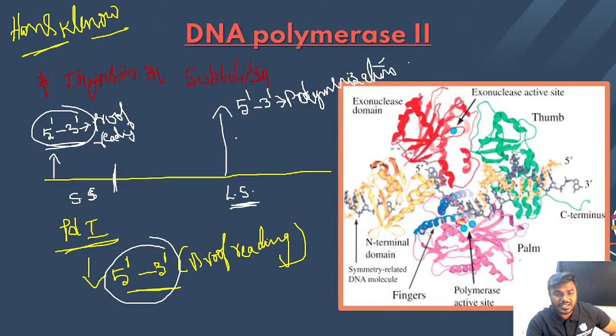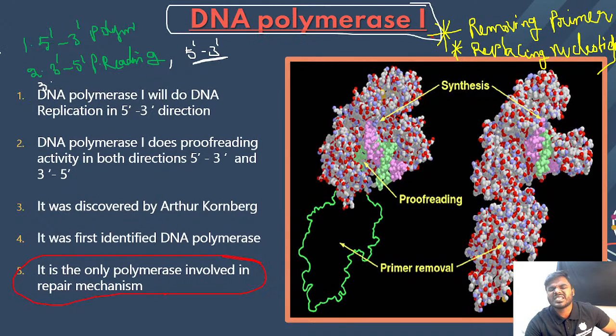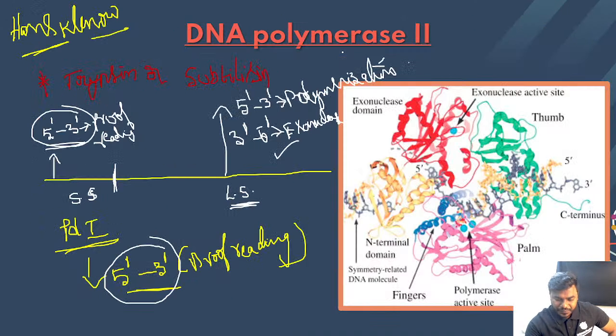And next, it is also involved in the 3' to 5' exonuclease activity. So friends, this is about the DNA polymerase 1 function, the simple functions possessed by the DNA polymerase 1.